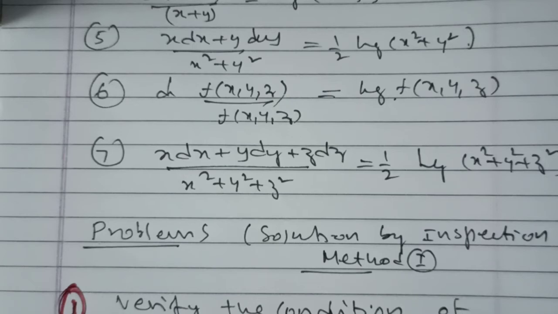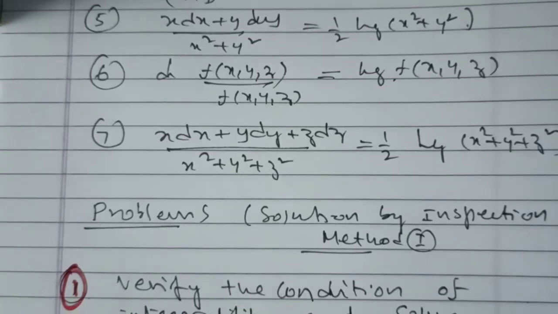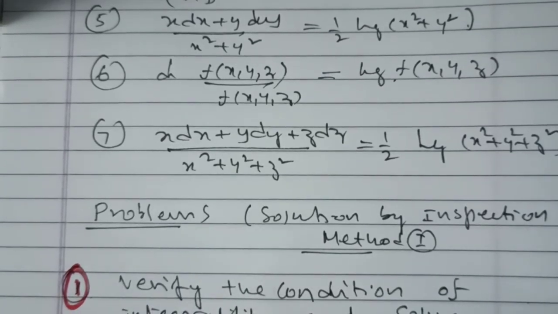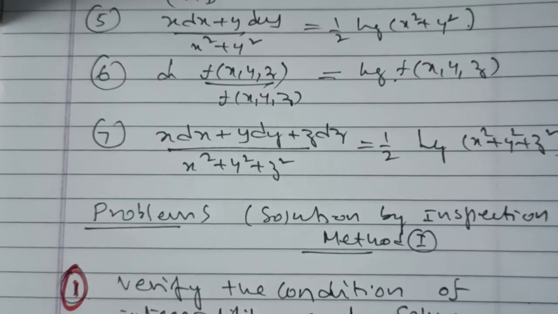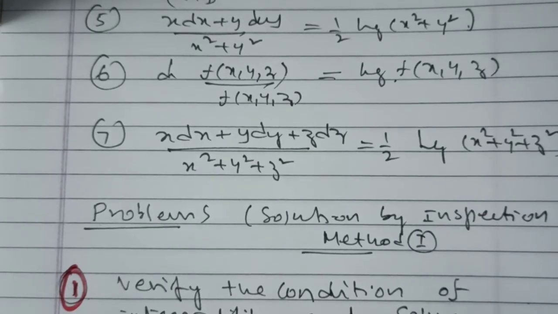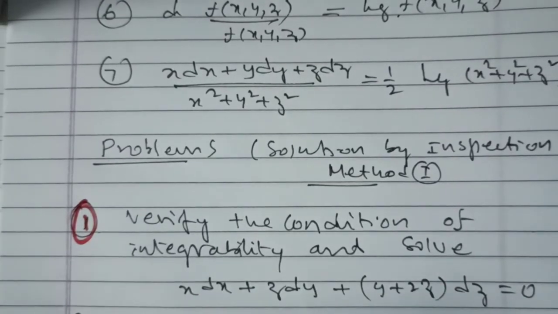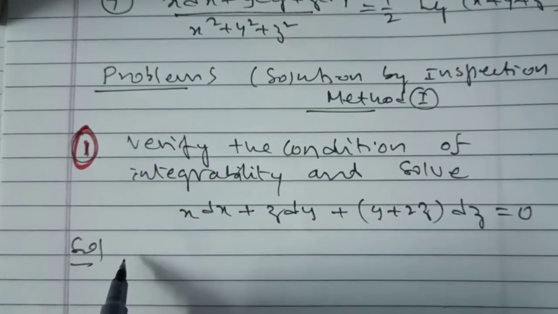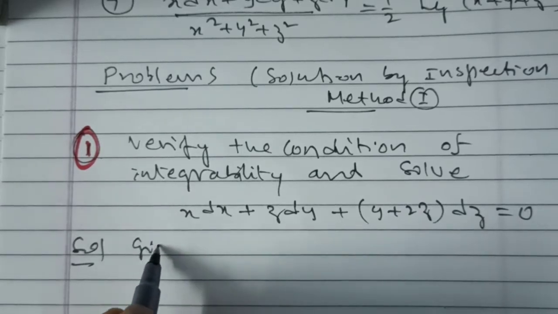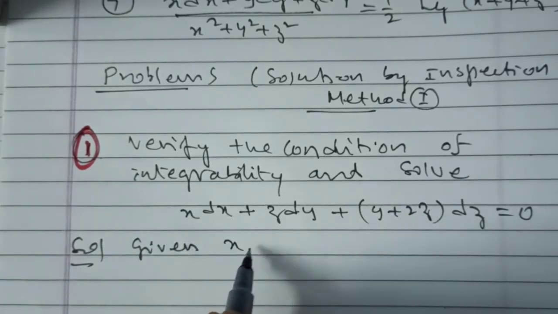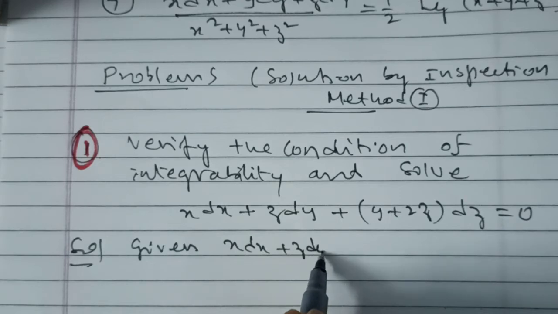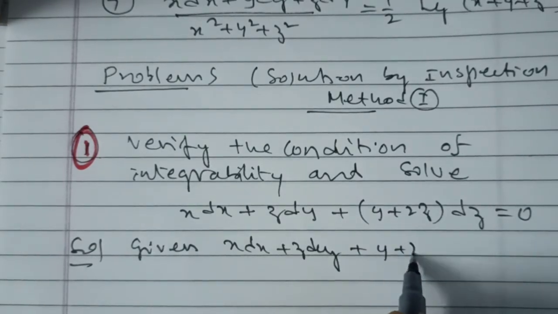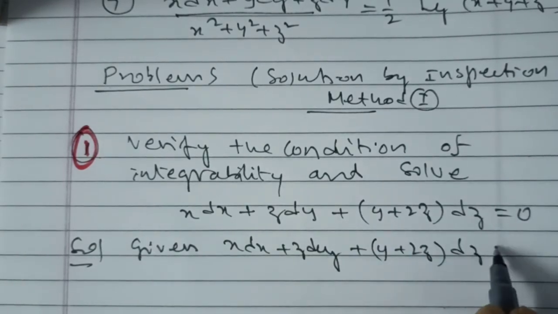and solve x dx plus z dy plus y plus 2z of dz is equal to 0. So solution: given x dx plus z dy plus y plus 2z of dz is equal to 0.